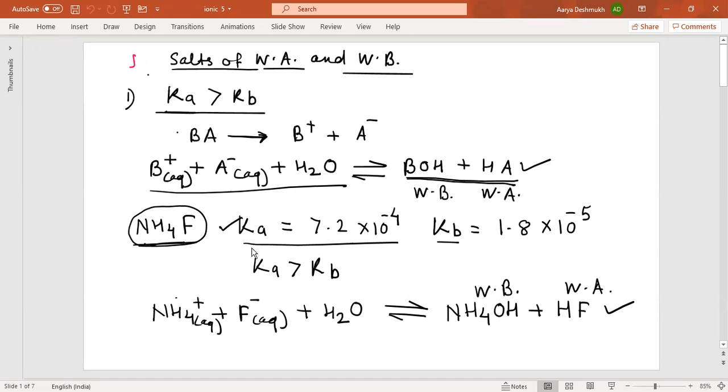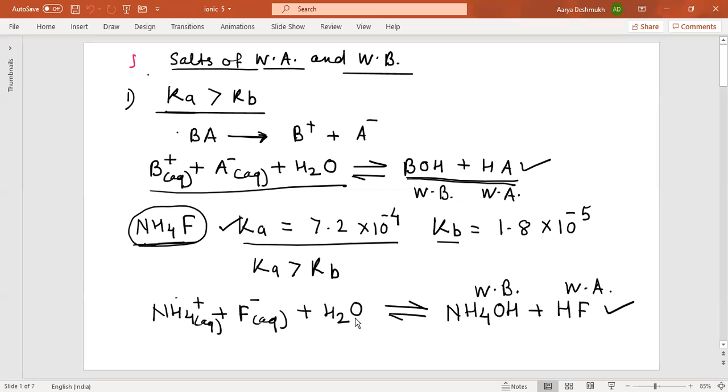Now, for example, you can take ammonium fluoride. The Ka value for this salt is 7.2 into 10 raised to minus 4 and Kb equals 1.8 into 10 raised to minus 5. So as you can see, Ka is greater than Kb. Now when you write the reaction for this example, NH4F, that is ammonium fluoride, will dissociate as NH4 plus and F minus.